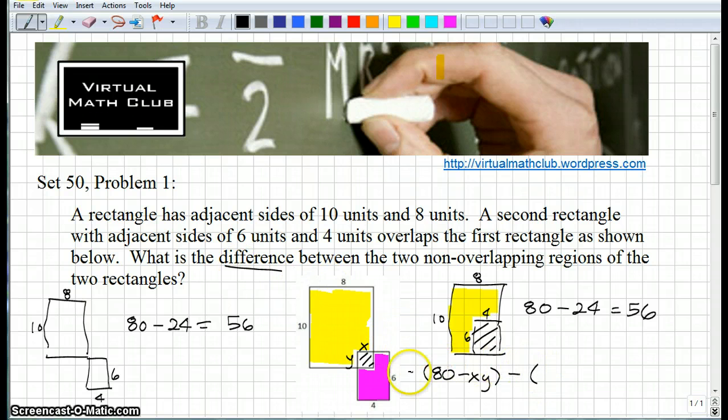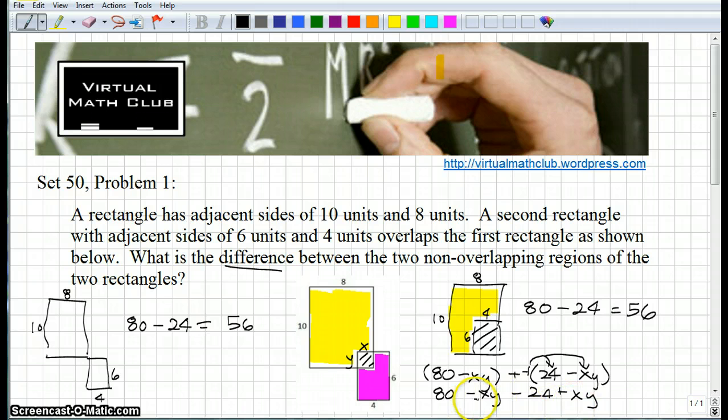All right, so what's that? Well, it's essentially 4 by 6, which is 24, minus xy, which is the area of the overlapping region. Now, if we distribute this like a -1, we could say this is plus -1 times this. So we distribute the -1 here, and then we get 80 minus xy minus 24, and when we take -1 times -xy, we get positive xy.